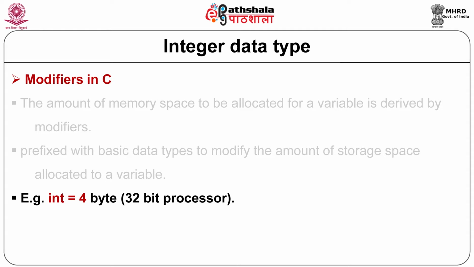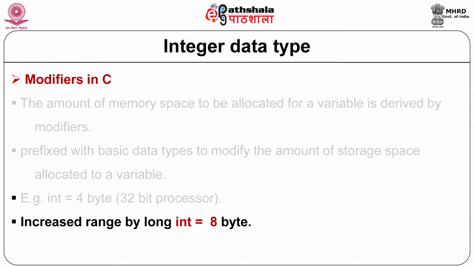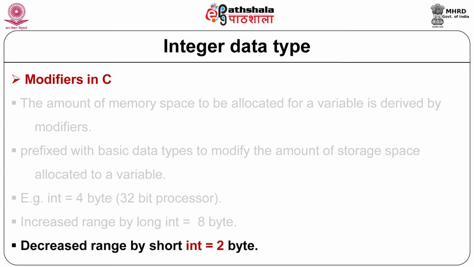Example, integer 4 byte. This is for a 32-bit processor. Increase range by long integer, that will go up to 8 byte. Decrease range by short integer, that is for 2 byte.